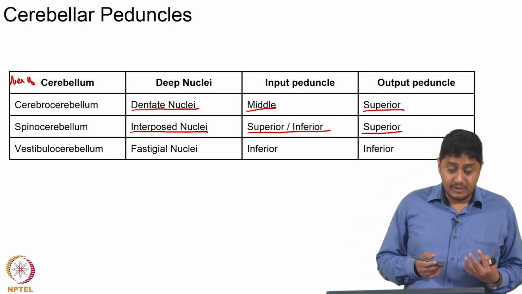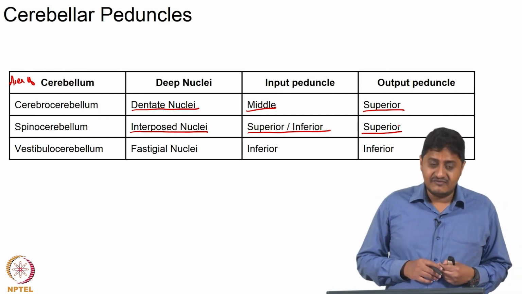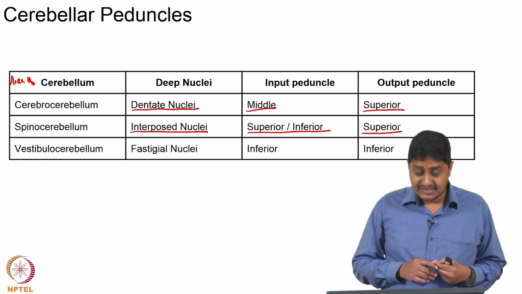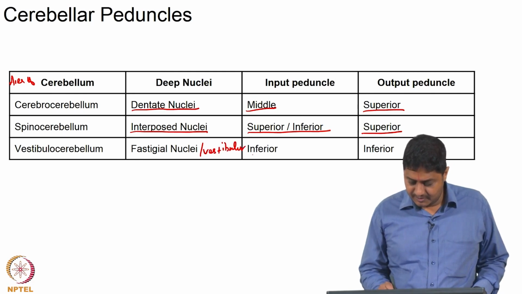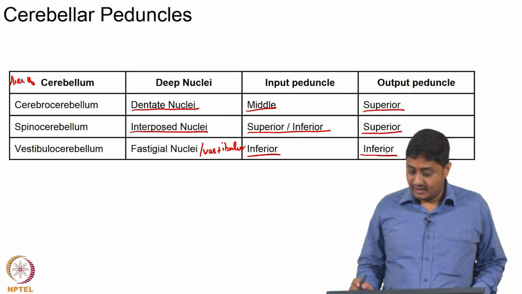And if it is a vestibulocerebellum, then it receives input mainly from the vestibular nucleus, and the deep nuclei involved are fastigial nuclei, sometimes the vestibular nuclei, and the input peduncle is mainly inferior, the output peduncle is also inferior, right.